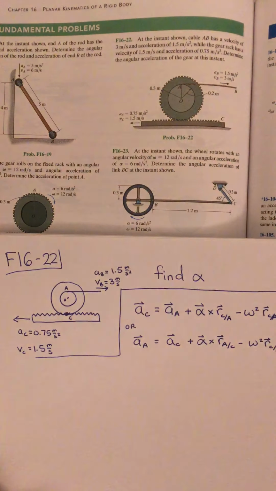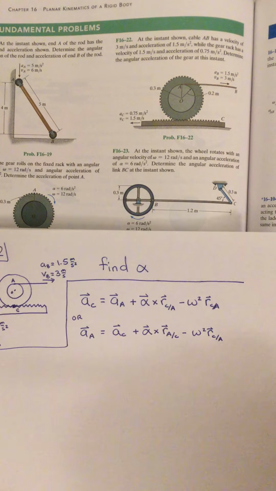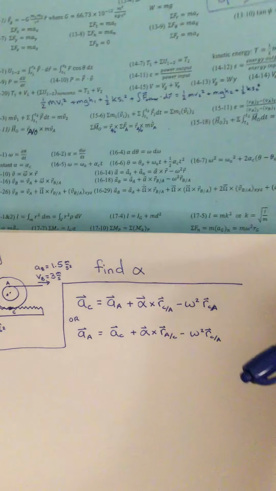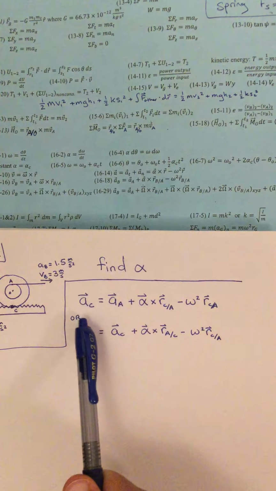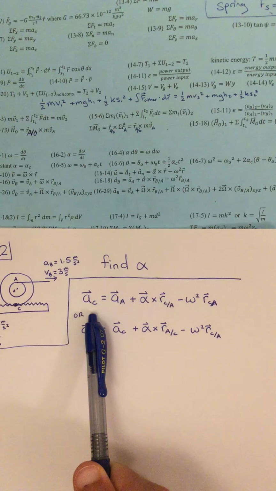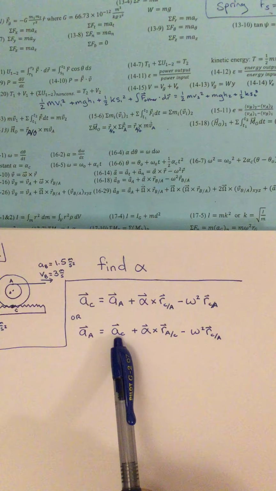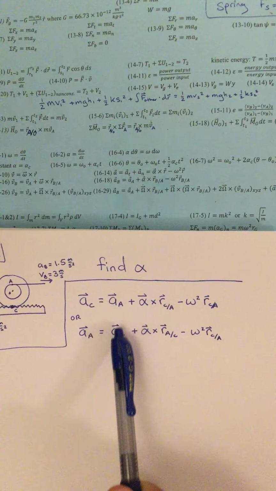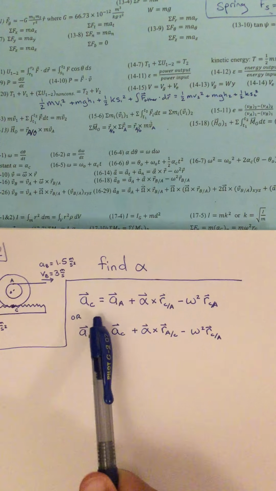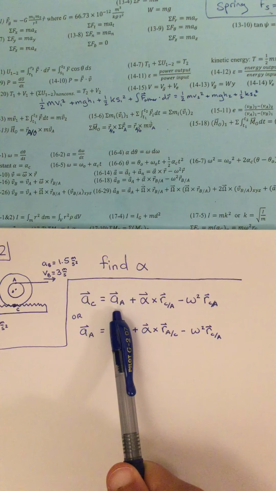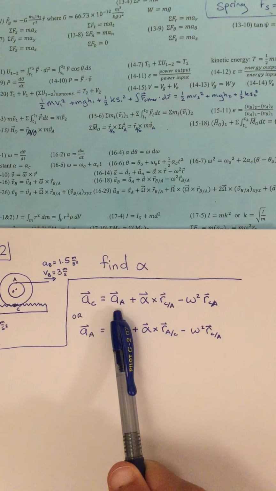Now I can do this either way. I can either make the B in this equation C, and that gives me this here, or I can flip the A's and the C's around. If I flip them to get back to the equation that I have here, I would bring the AC over to this side and the AA over to this side, which would change the signs.